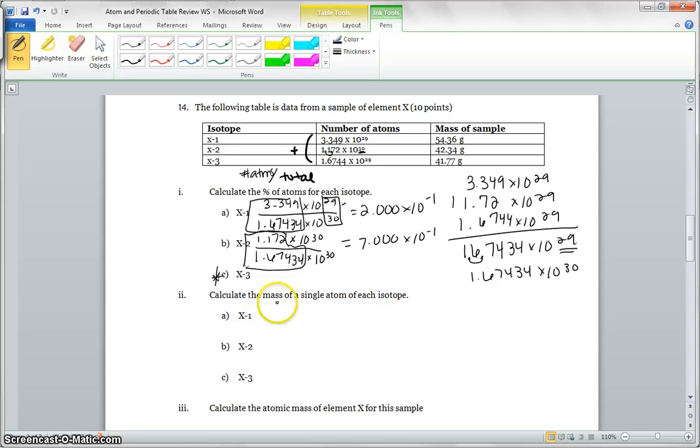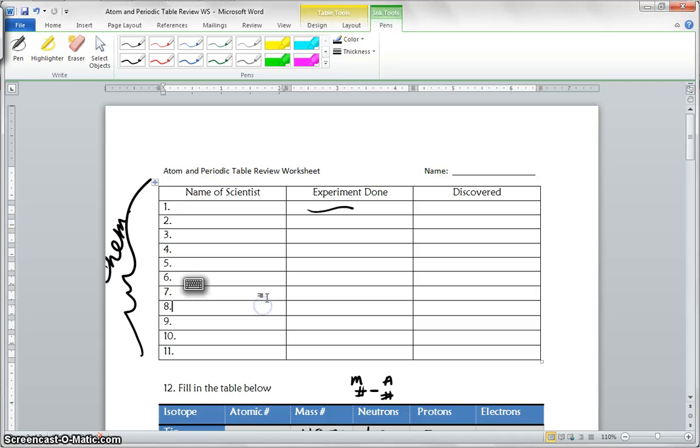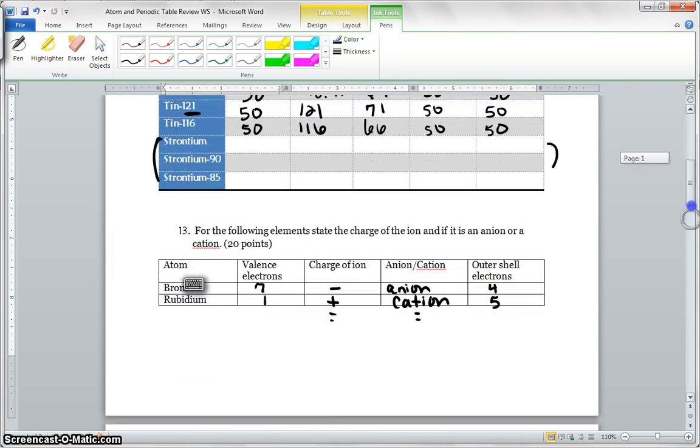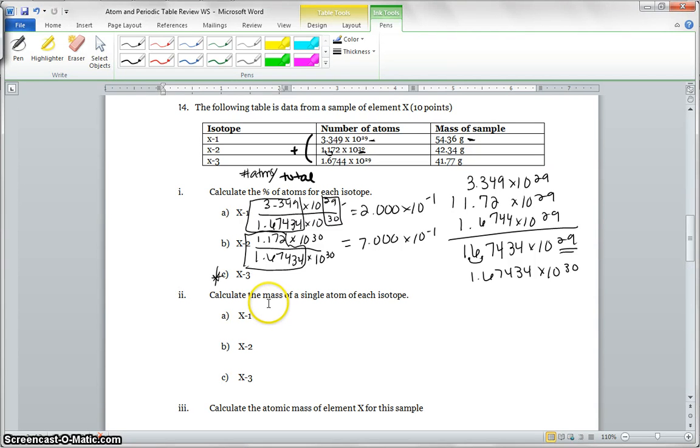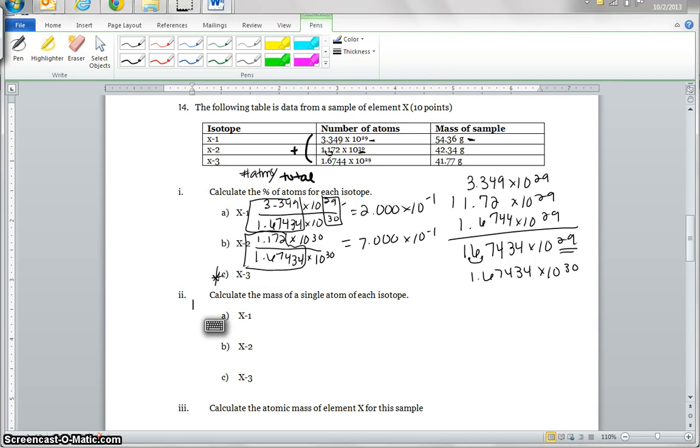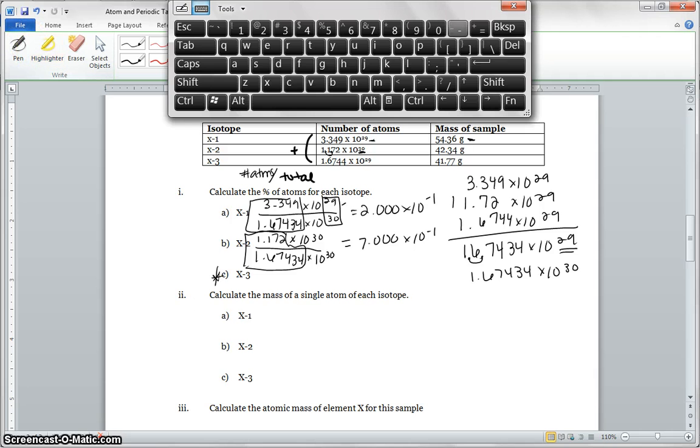So the next part is finding the mass of a single atom of each isotope. What you're going to have to do is take the mass divided by the number of atoms. I'm going to put this in scientific notation.